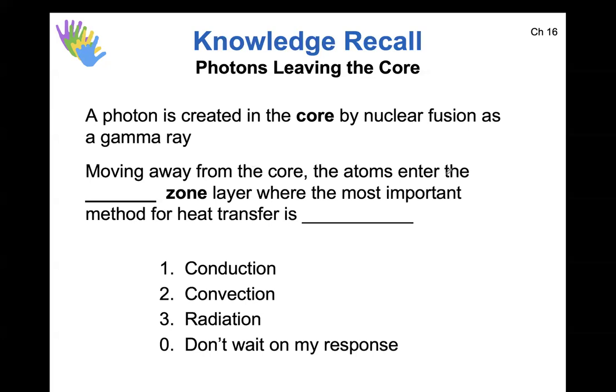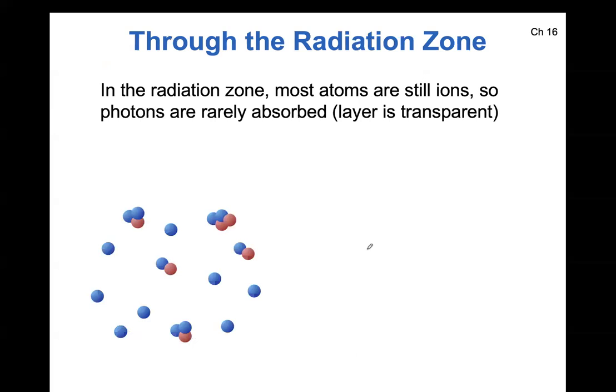Moving away from the core, the atoms enter the blank zone layer where the most important method for heat transfer is, well, it's the same word twice, radiation. Okay? It's that radiation zone. It radiates through that high density layer of the sun's interior.